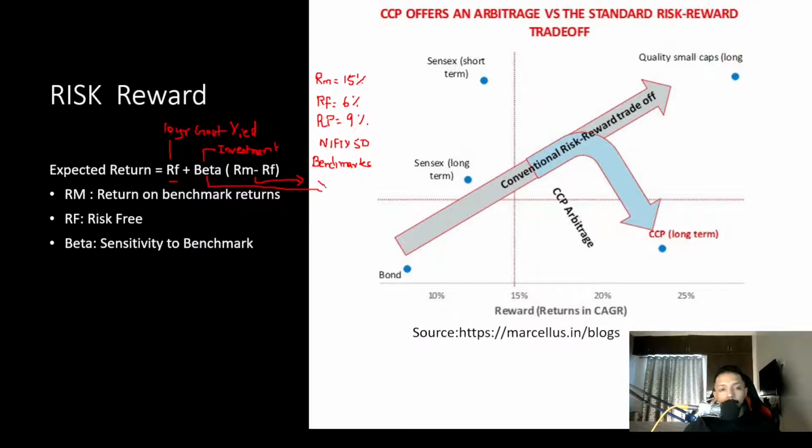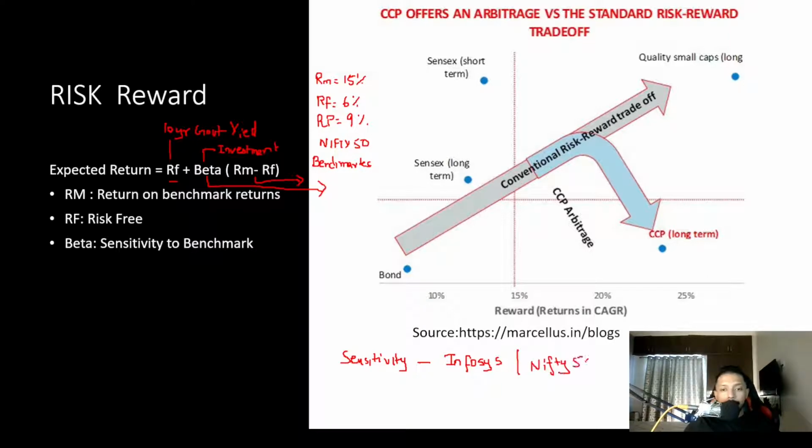Now if you talk about beta, how is beta calculated? If you look at the standard formula, you're basically trying to find the sensitivity of a stock. So if I'm talking about Infosys, then I'm trying to find the sensitivity with Nifty 50.